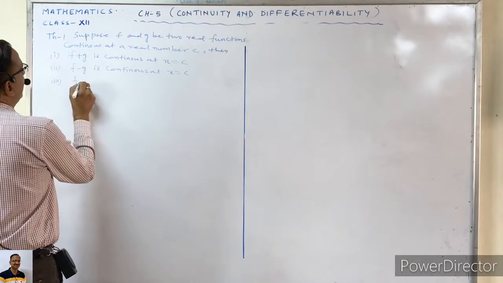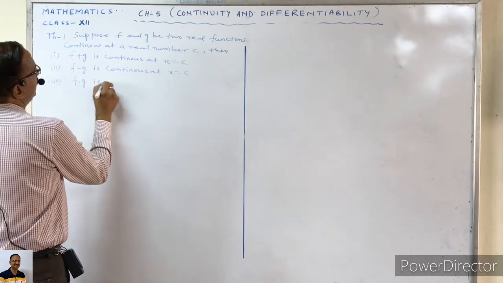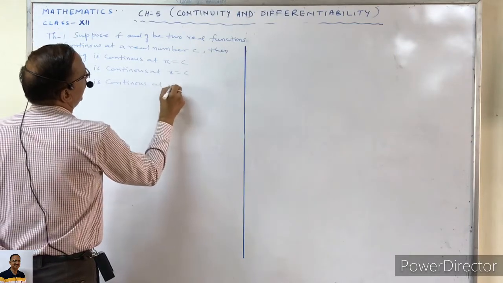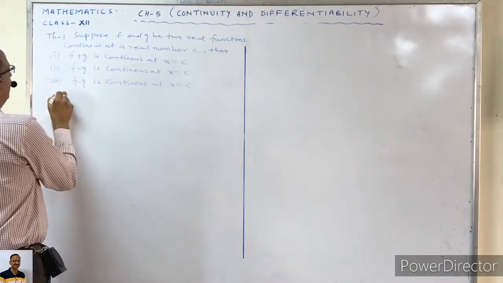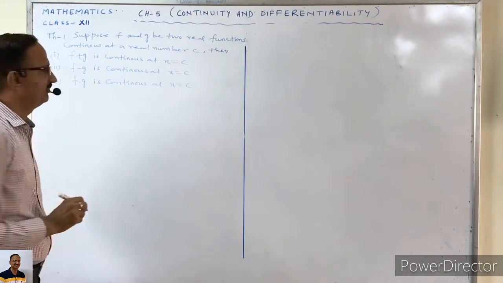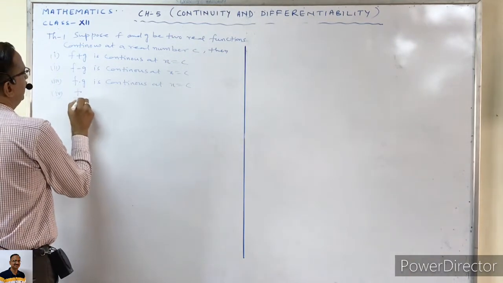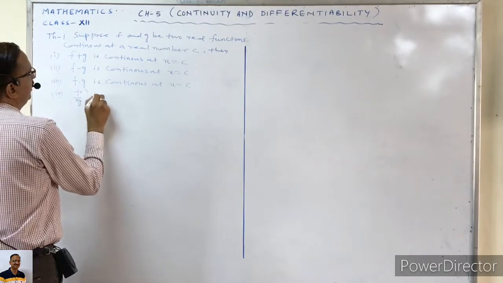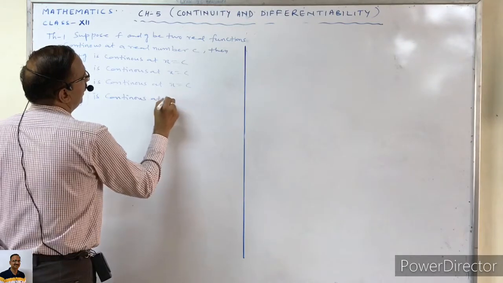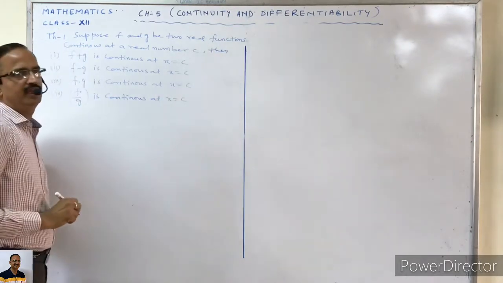It means f multiplied by g is continuous at x equals c. And their division, f by g, is also continuous at x equals c.